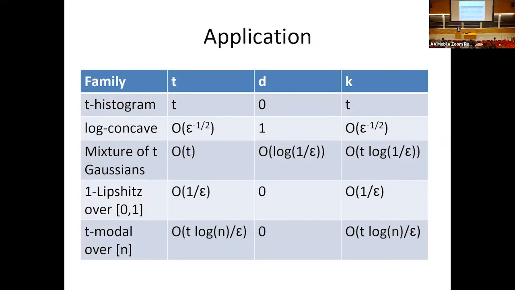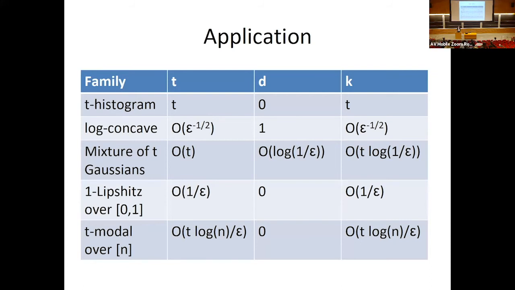And then if you look at this in applications, for basically every family that you care about, there is some usually fairly reasonable value of K for which this can work. So if your families are T histograms, that is just a piecewise degree 0 polynomial. Log concave distributions can be approximated by piecewise linear polynomials with pretty good error.